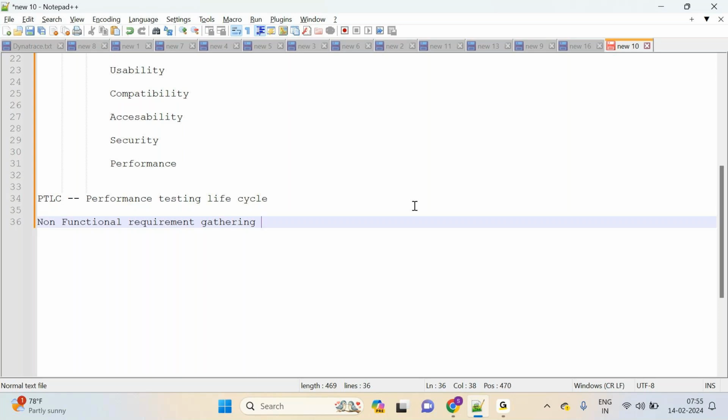Because without that you cannot do performance testing. So this requirement gathering is very, very important. So first step is non-functional requirement gathering.